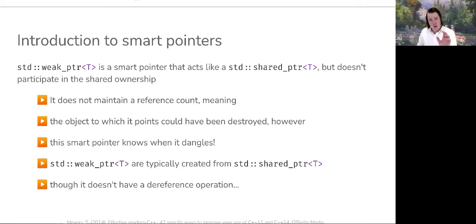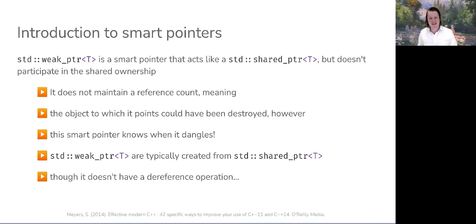So a standard library weak pointer is typically going to be created from a standard template library shared pointer that would be used as the initializer, the thing on the right-hand side. An initializer statement for a weak pointer would likely be a shared pointer, though not necessarily in all instances. And then the weird thing, which I don't want to get into much here, but I will maybe go down this rabbit hole if there's time: a weak pointer doesn't have a dereference operation.